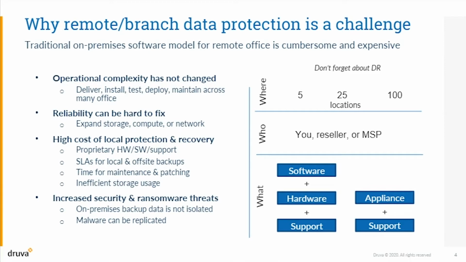The typical challenges that might require someone are, perhaps you need to expand the storage, add additional compute capacity, or change some network capabilities because of things that have changed there. All of these things require someone to be there. And they're elements that can essentially affect the reliability of your data protection process.